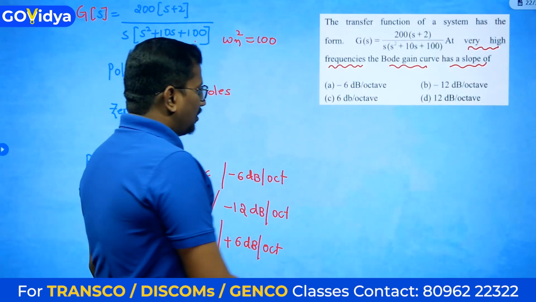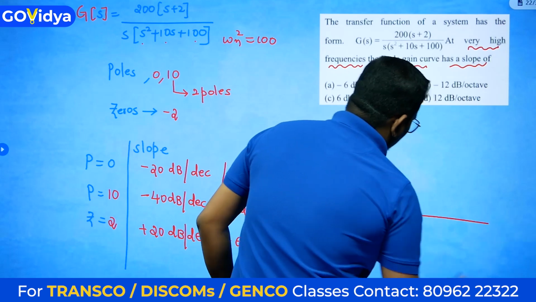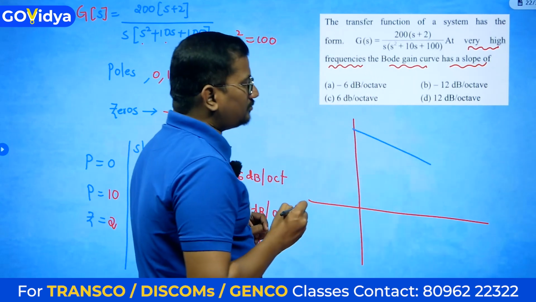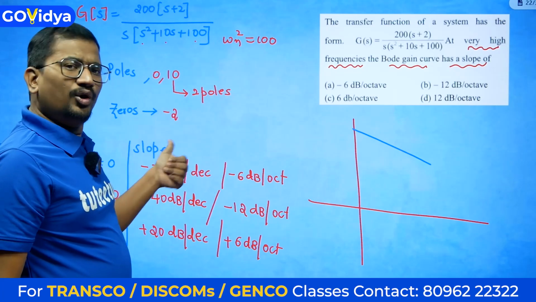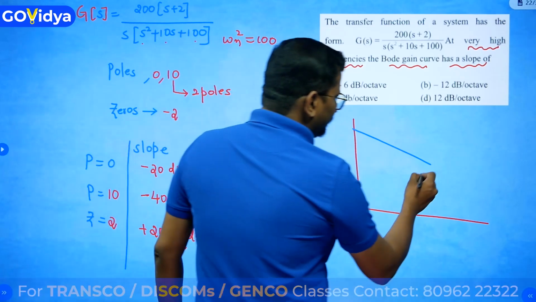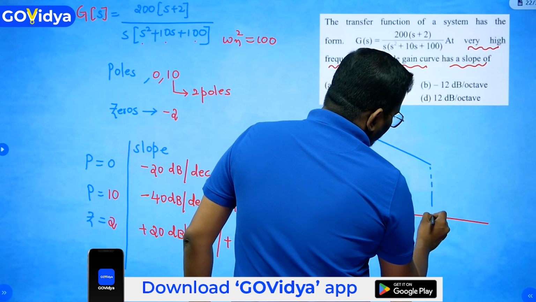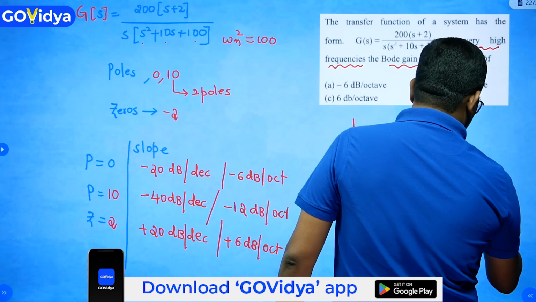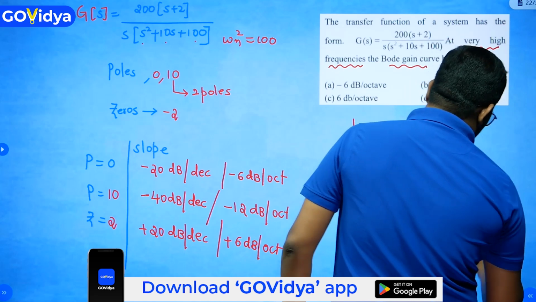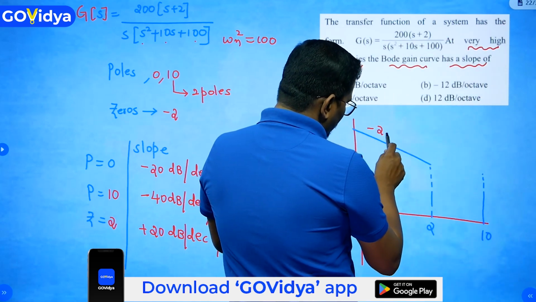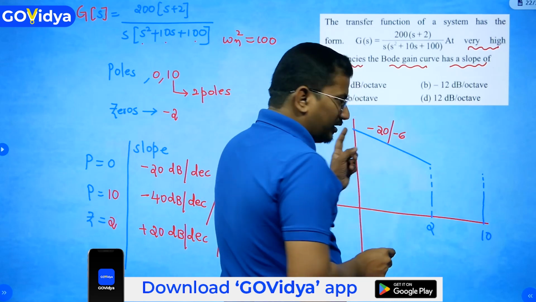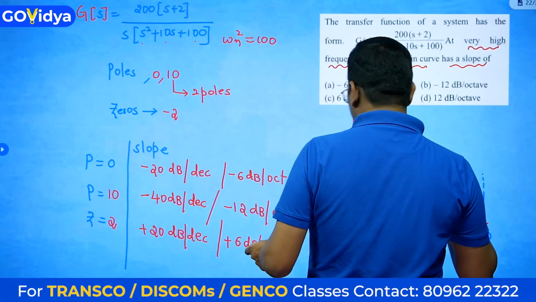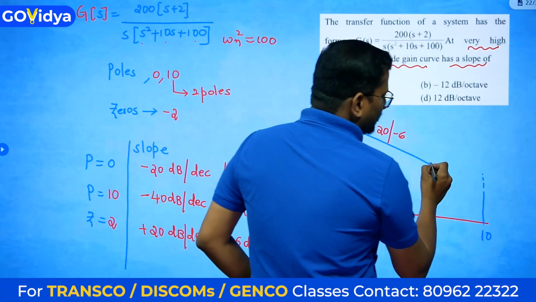If you draw the approximate Bode plot, the initial slope is minus 20, like this. The first corner frequency is at 2, the second corner frequency at 10. So this is minus 20 or minus 6. At 2, the zero is adding plus 6 dB. Minus 6 plus 6 will be 0.